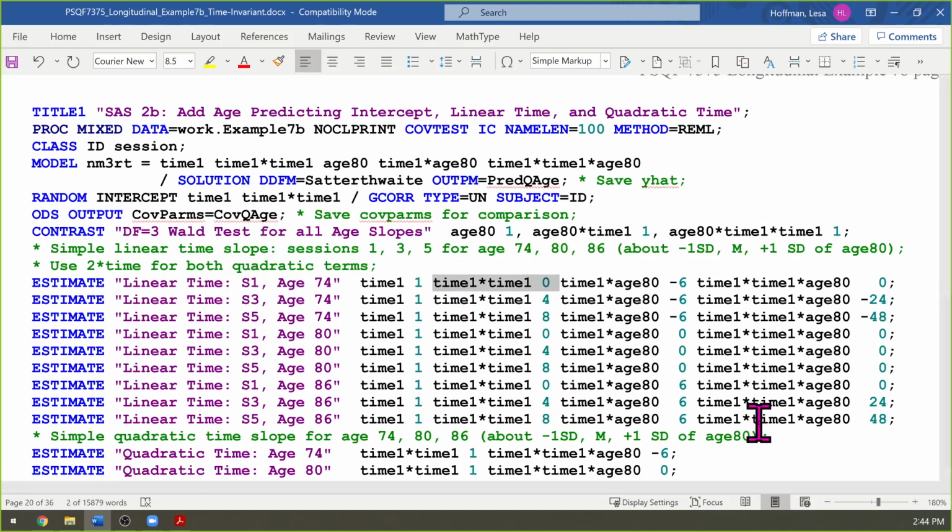Time 0 times 2. Whereas at session 3, that's when time equals 2. And so it is 2 times 2 goes here. At session 5, that is time equals 4. So what goes here is an 8. So twice the quadratic coefficient.